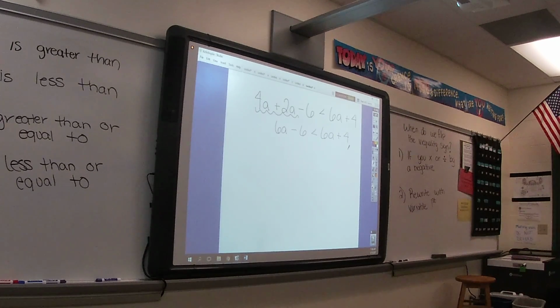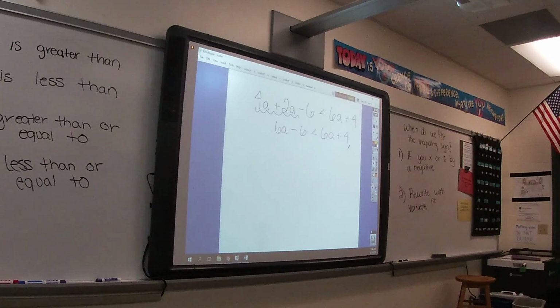Step 3, if there are variables on both sides. Do we have variables on both sides? Yes, so we need to get them together. How are we going to do that?